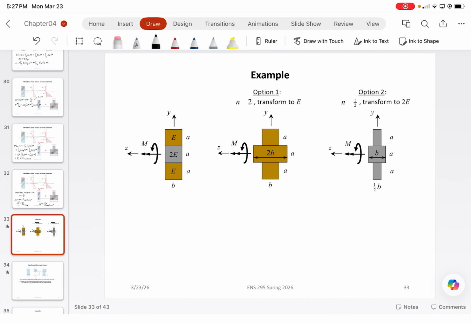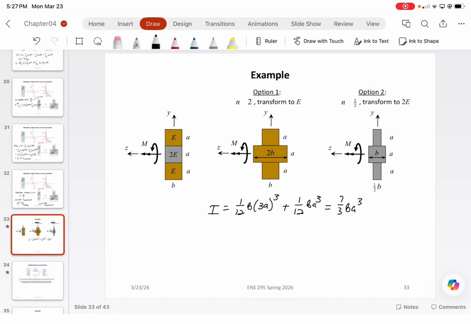For option 1, if we were to do the second moment of area calculations for this cross section, we should get 1 over 12 times b times (3a) cubed, plus 1 over 12 times b a cubed, which is just going to equal 7 over 3 b a cubed.